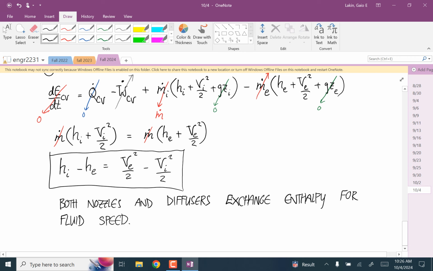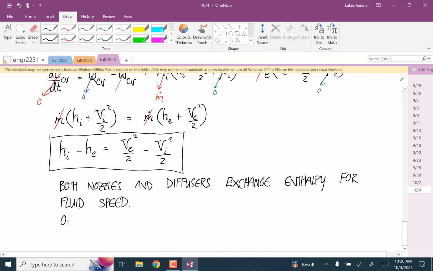The only difference is the sign of each side of the equation.